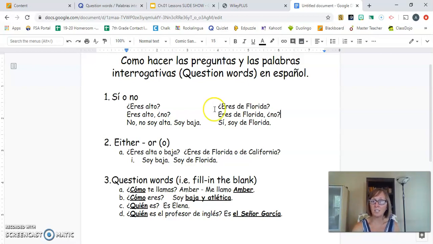So un ejemplo sencillo, here's just a simple example you see with ¿Eres alta o baja? So here I am not assuming that you're either one. I'm asking which you are. So, ¿Eres alta o baja? And you're going to reply with soy baja or soy alta. ¿Eres de Florida o de California? Soy de Florida.